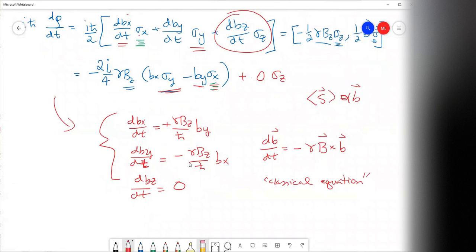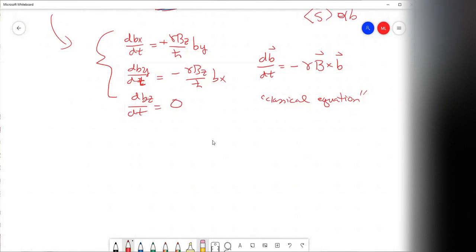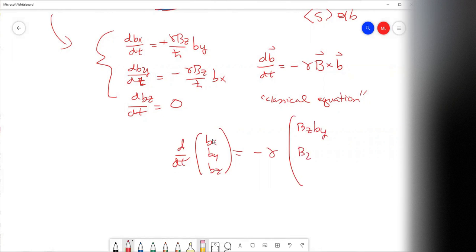Do you get how I got these three equations? Yeah, those are easy. So it turns out that I can write this as a vector equation because I have three components, x, y, z. So I can write this as a time derivative of a vector, dt of bx, by, bz, and that's equal to minus gamma some other vector, and this other vector must be bz by, bz minus bz bx, and then 0.